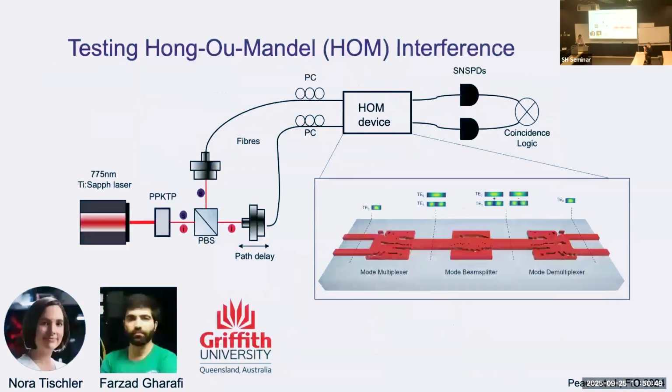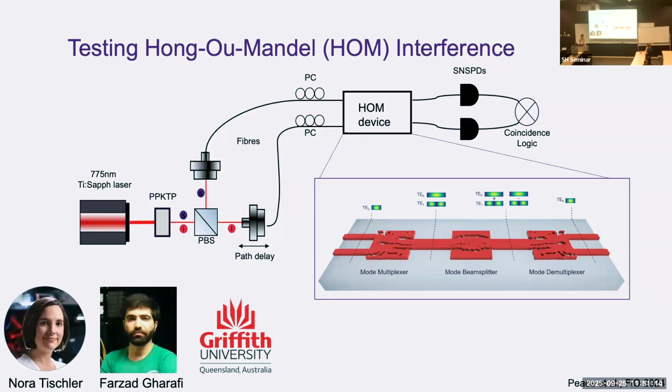And we wanted to test it to its limit. So we needed the best possible indistinguishable photons that we can get. And luckily, just across the river is Griffith University. They have very good indistinguishable 1550 nanometer photons. Their Hong-Ou-Mandel visibilities are 99.something%.